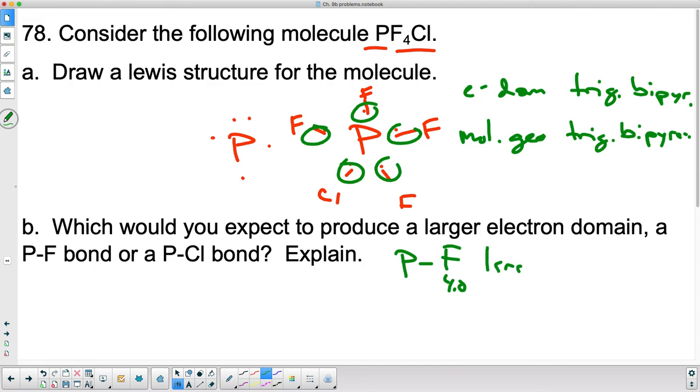So the PF is going to be larger, and the reason is because of the larger electronegativity. That makes sense that the fluorine will pull more electrons to itself because it's got the largest electronegativity. So the PCl is not going to be nearly as big.